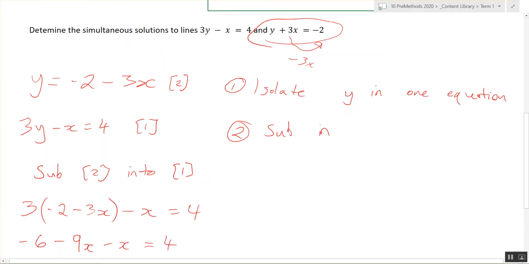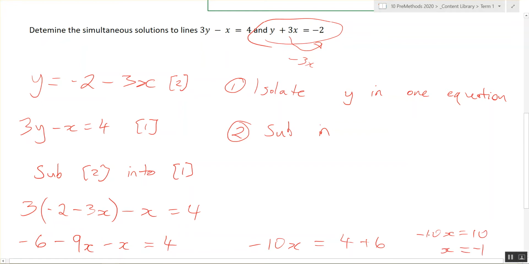There's 2 takes, so it becomes negative 10x, and we bring the -6 over to the other side, what does it become? +6. So -10x equals 10. X equals what? -1. So 10 divided by -10 is -1.